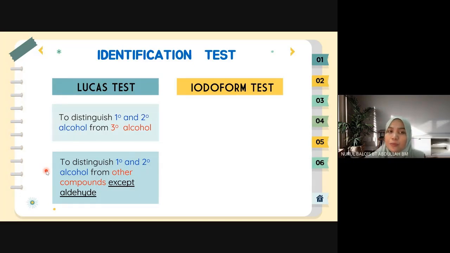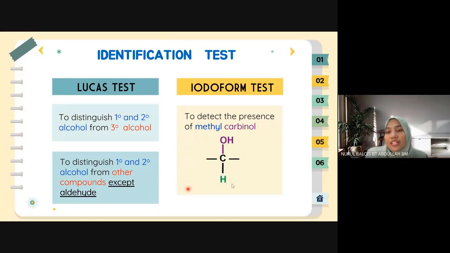As for the iodoform test, it is not to distinguish primary, secondary and tertiary. It is to detect the presence of methyl carbinol. So what is meant by methyl carbinol? We initially have this carbon with 4 bonds around it.